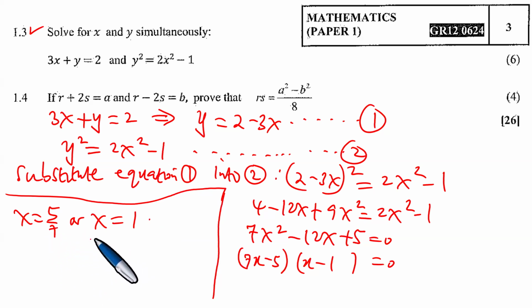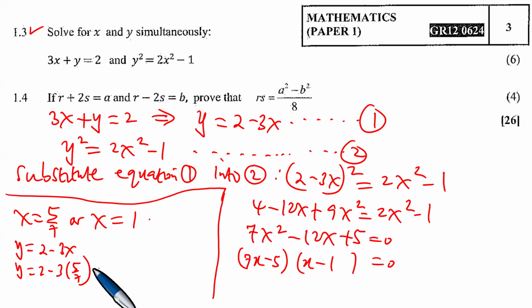Now if y equals 2 minus 3x, then y equals 2 minus 3 times 5 over 7.